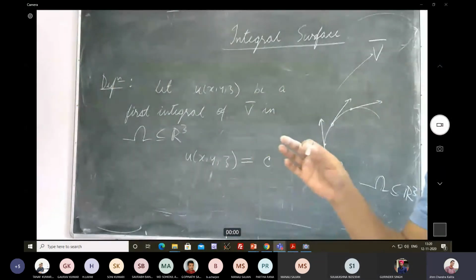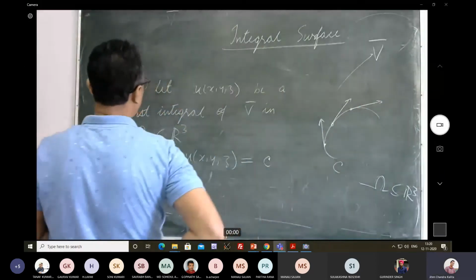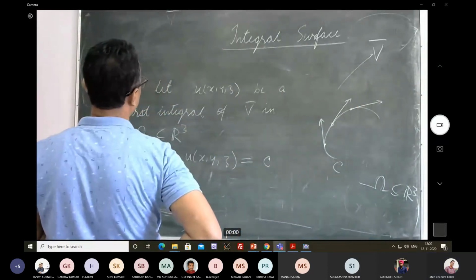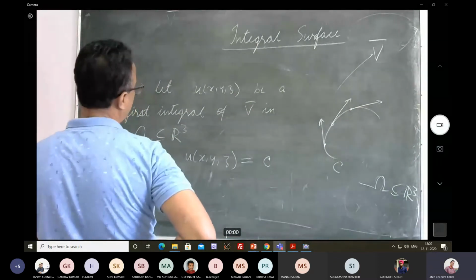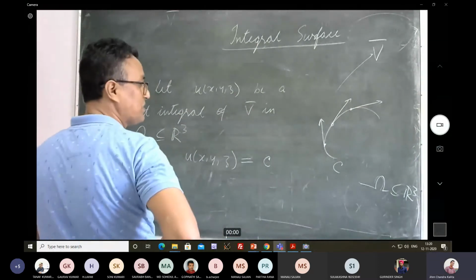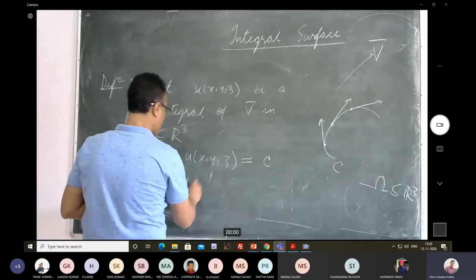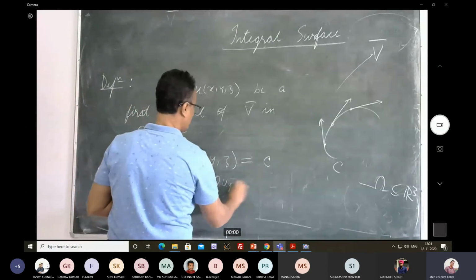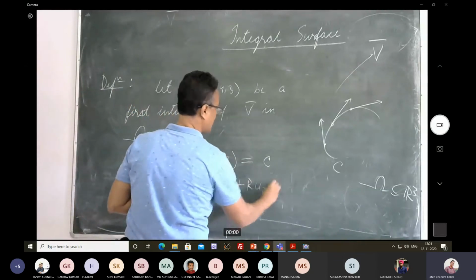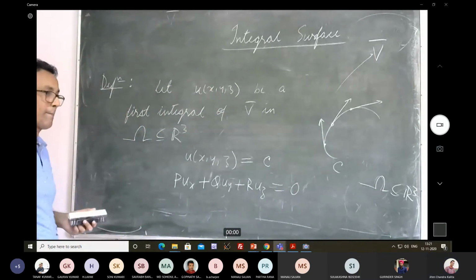So then again, if u is going to be a first integral of the vector field v, then what must happen? What must happen? Of course, v is non-vanishing, isn't it?